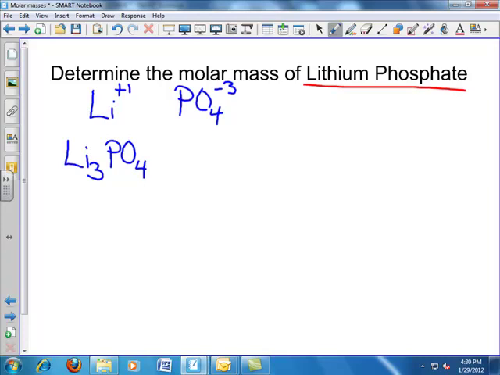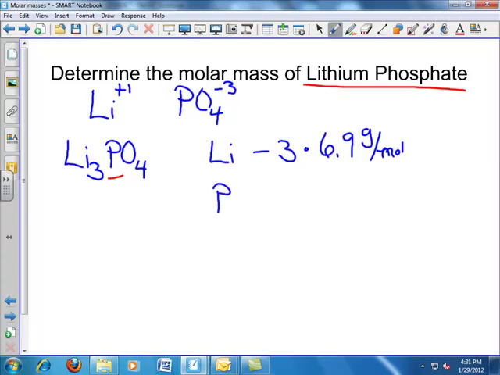So, I want to find out what the molar mass of this is. So again, I start with lithium. I have 3 of them, and then I go to my periodic table and I find the molar mass of the lithiums. And each lithium is 6.9 grams per mole. And then in this I have 1 phosphorus.